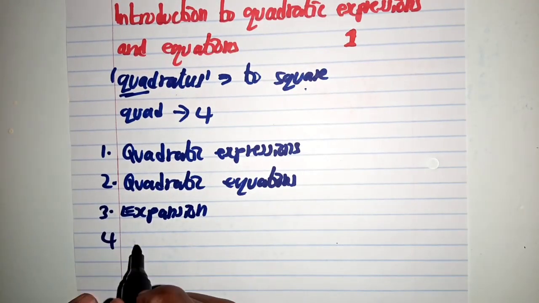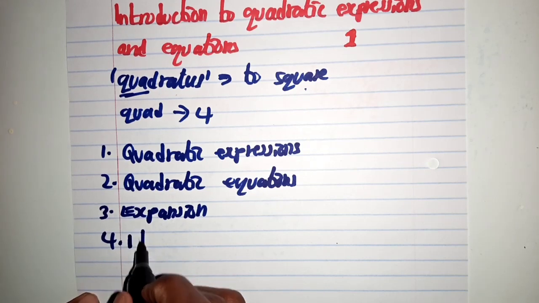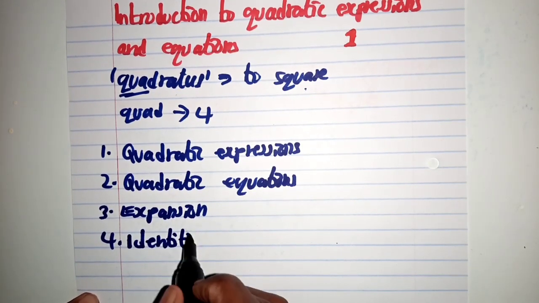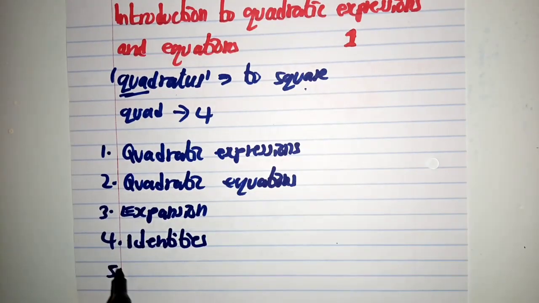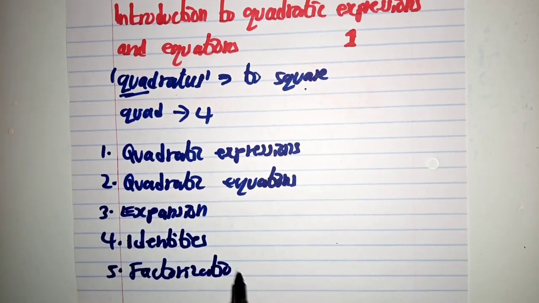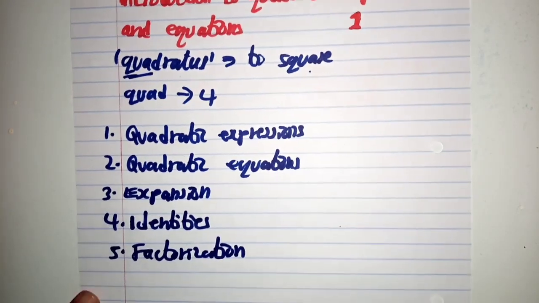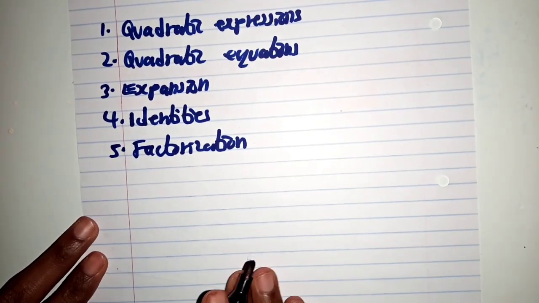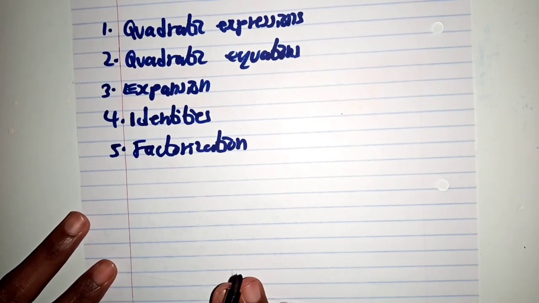Number 4, we will look at identities, these are quadratic identities, of course. Then number 5, we are going to look at factorization. So let's begin with our number 1, which is quadratic expressions.